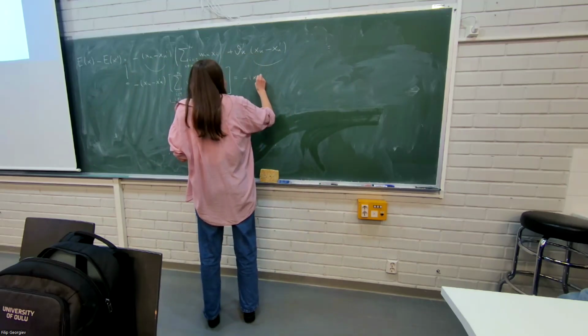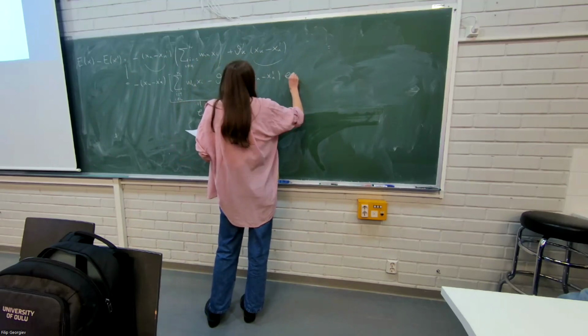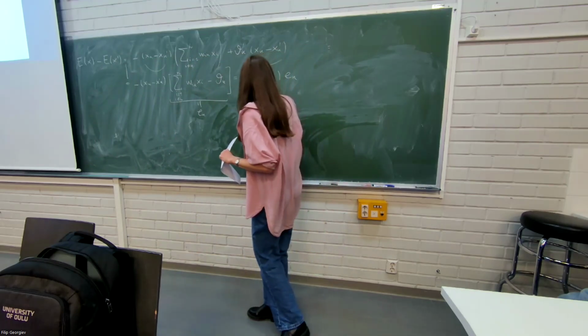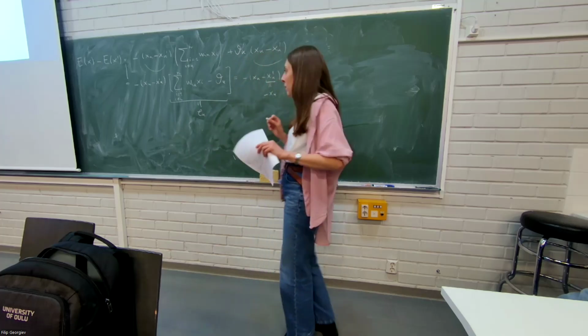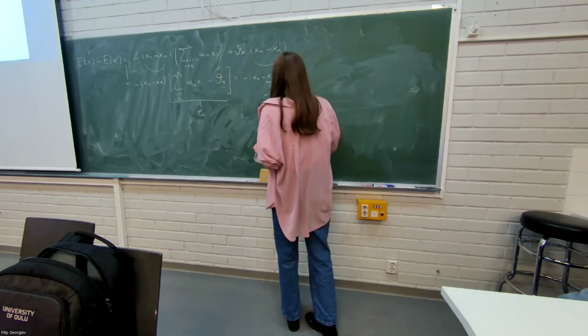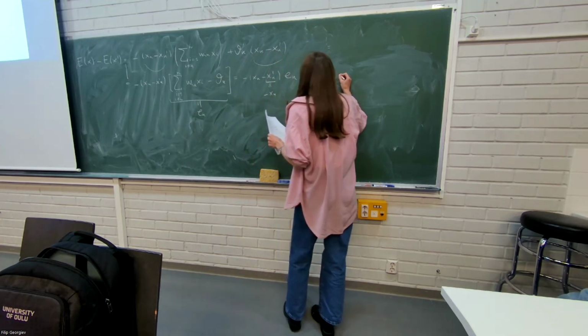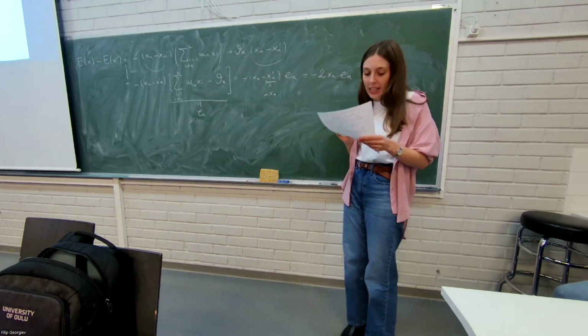I have xk minus xk prime times the excitation. But I told you that xk prime just is minus xk because I changed the sign of one unit. So I have minus 2 xk ek. Not so bad, indeed.